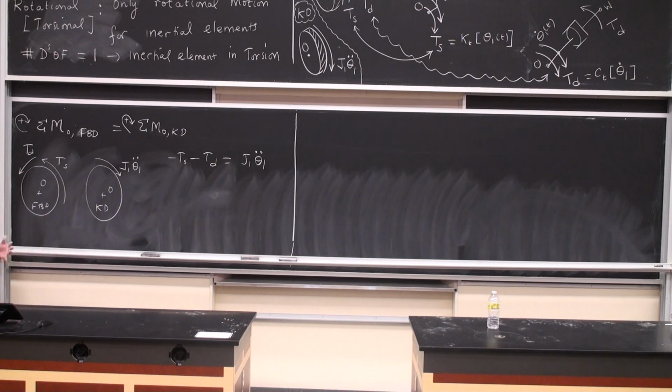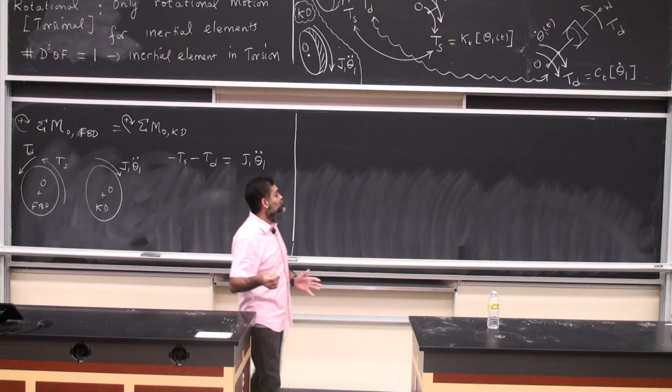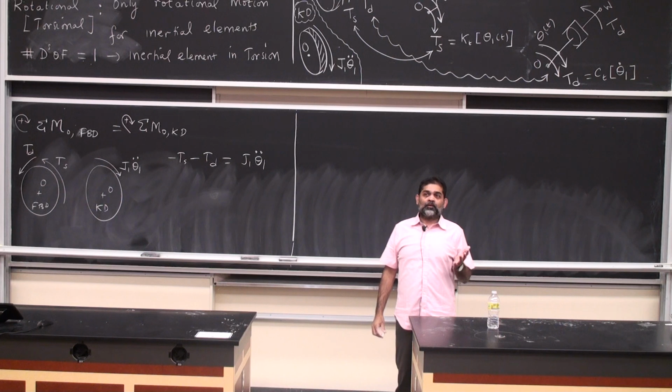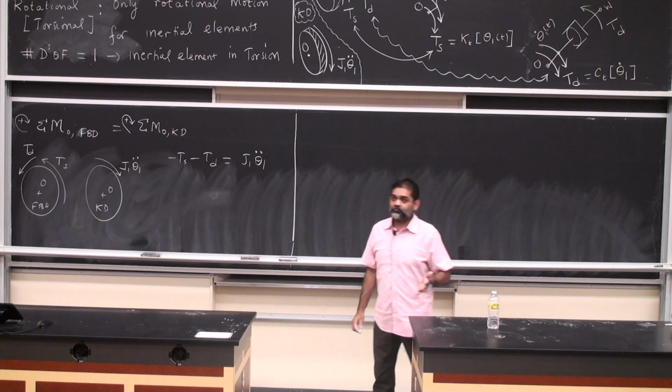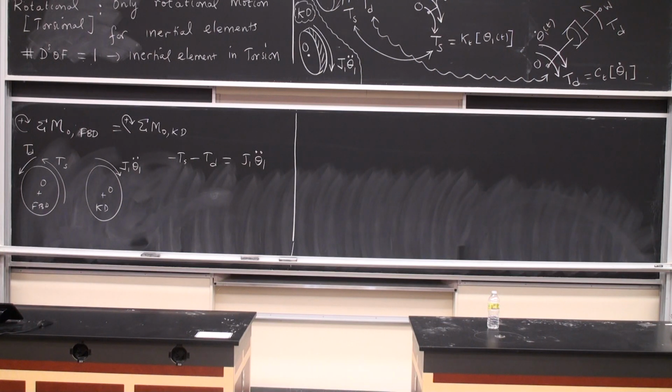Bring all these terms to the right side or the left side. Combine the dependent variables together. Once again, what are the dependent variables? The degrees of freedom. What is the independent variable? Time. Theta 1 is the dependent variable.